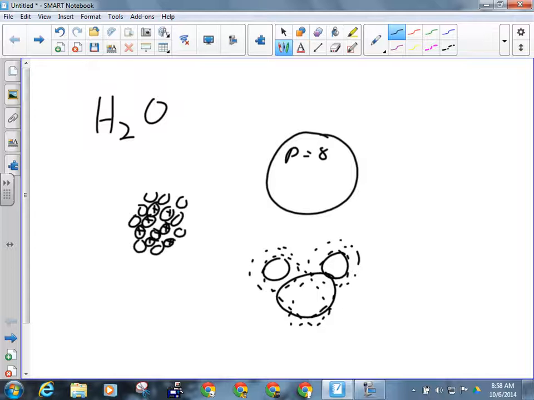That makes the oxygen more negative and the hydrogen more positive, so there's a charge at either end. Basically, a polar molecule is one where the electrons aren't shared equally, resulting in charged ends on each side.